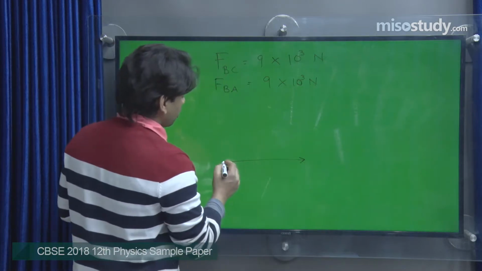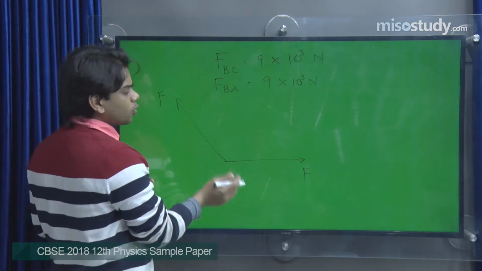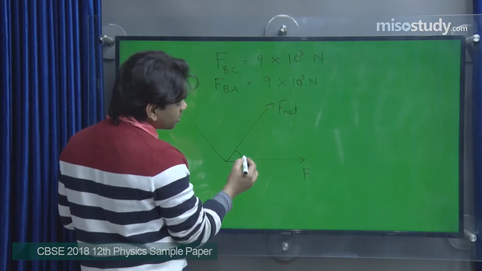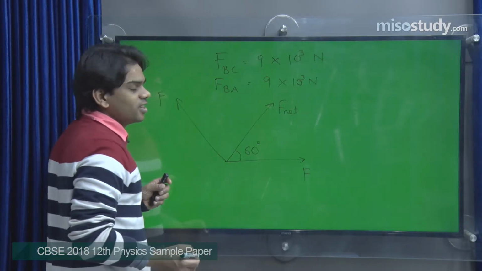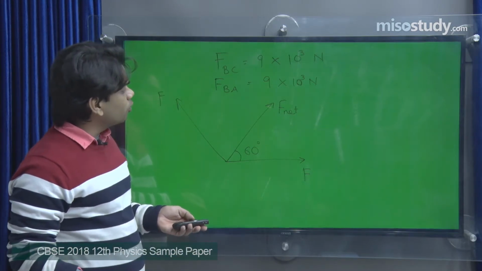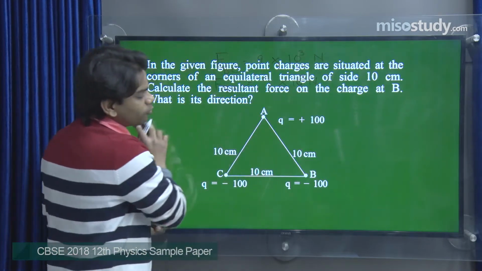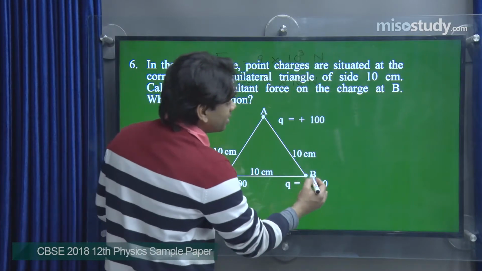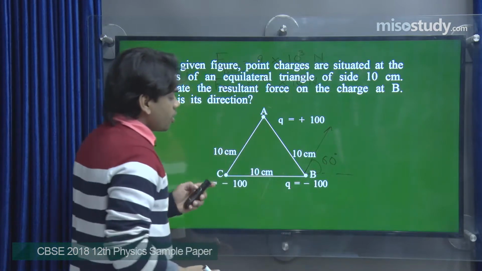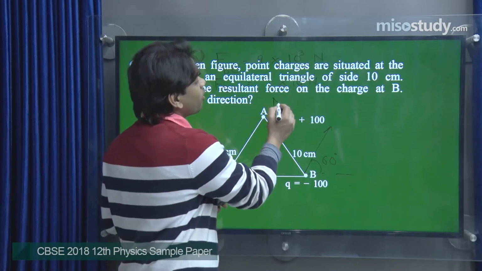Now the answer for direction. This was 1/4, this was 1/4, both are of equal magnitude. This is the F net. So F net will make an angle of 60 degrees with this F on B due to C. How can you specify the direction? You can write the answer as: the net force makes an angle of 60 degrees with the line CB extended.